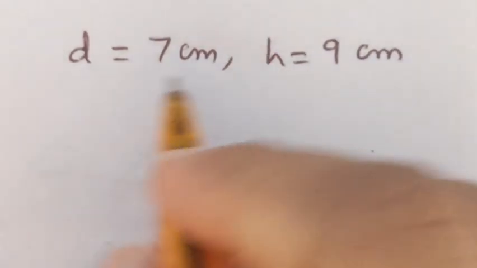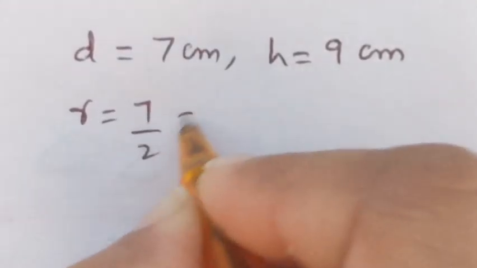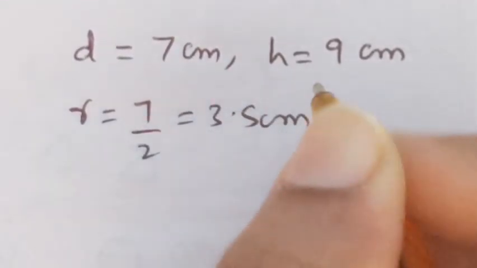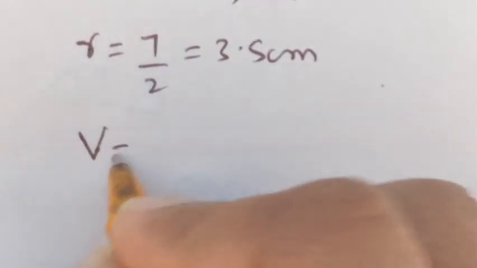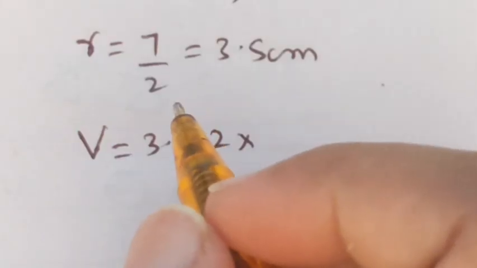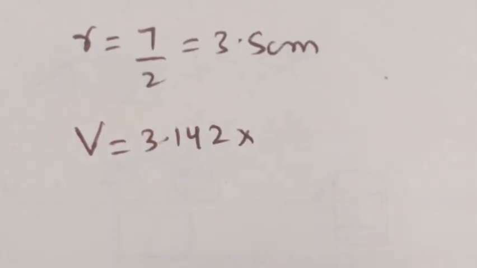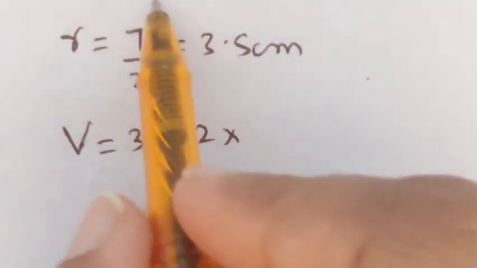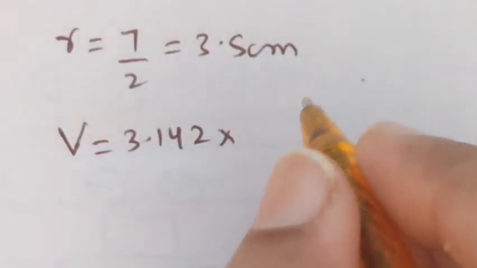And in the second part, when the diameter is given as 7 centimeters, the radius will be its half, which is 3.5 centimeters. Okay, and the height is given as 9, so the volume will be 3.142. We are not taking 22/7 because it's given in the question to take pi as 3.142. If they did not give it, we could take 22/7, since here the diameter is 7, so it's better to take 22/7 if it's not specified.